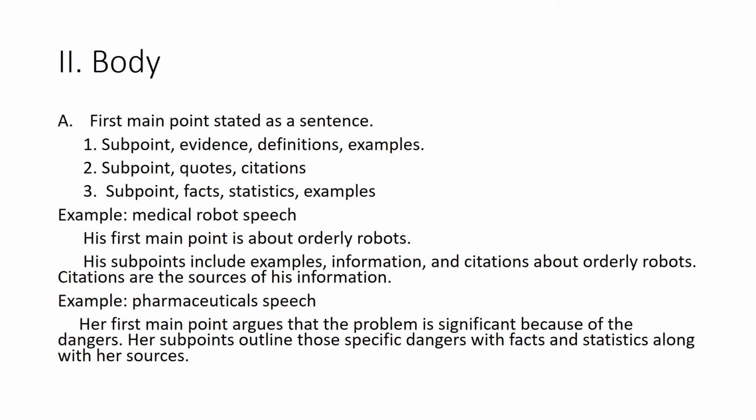So from the medical robot speech, if you go back and listen to it, his first main point is he's going to tell us about orderly robots. And his subpoints include examples, information, citations about orderly robots. Listen for his citations. He'll say, according to the medical journal, da da da da da da, or according to Dr. So-and-so. And so he'll list the title.